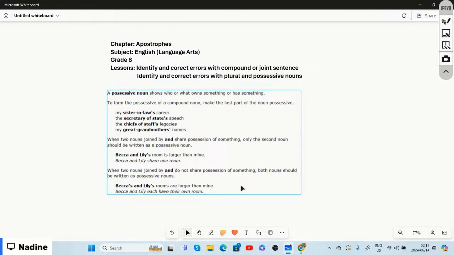And here where we say Baker and Lily's, right? It means that both of those rooms belong to them. They share a room. And that is why we say Baker and Lily's. The second one then has to use the apostrophe.